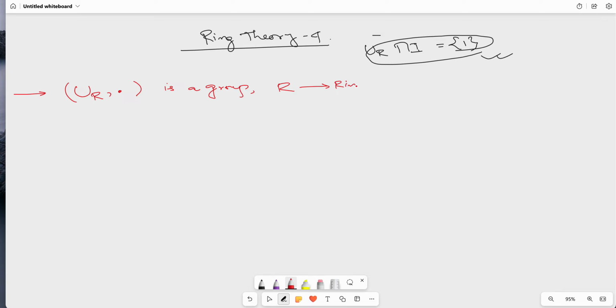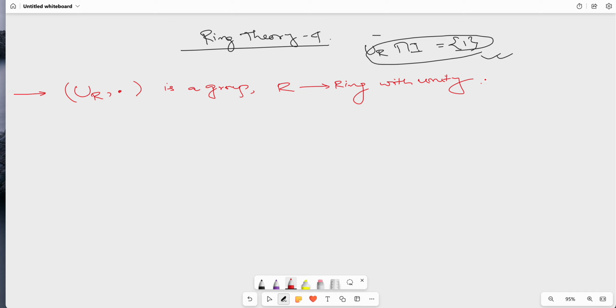So if R is a ring with unity, then U(R), the units of R with respect to the second binary operation, is going to be a group.